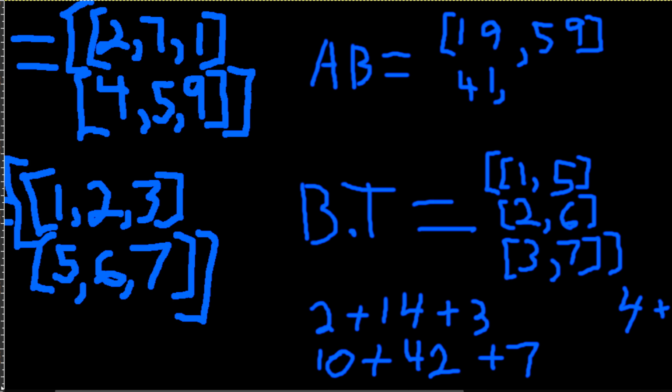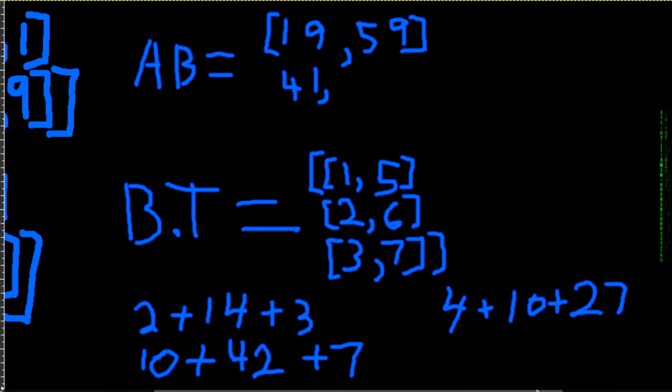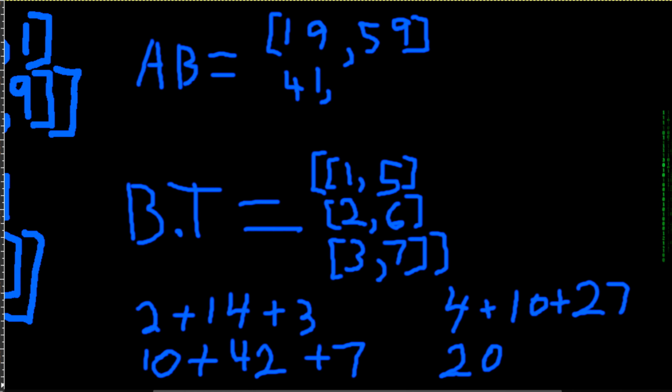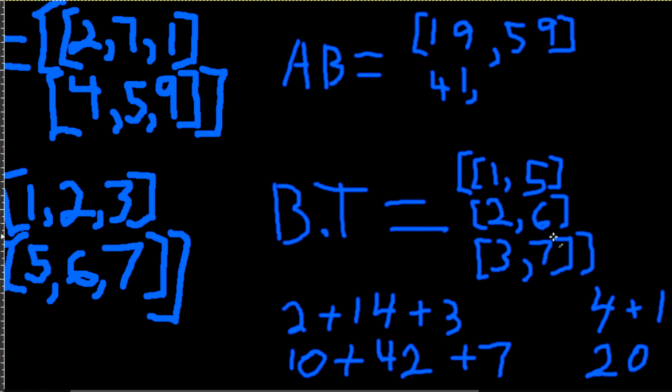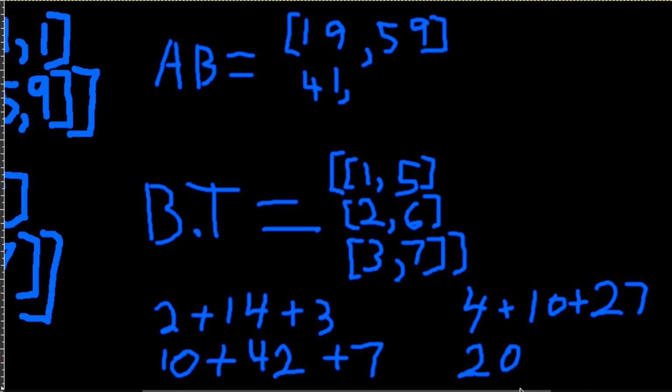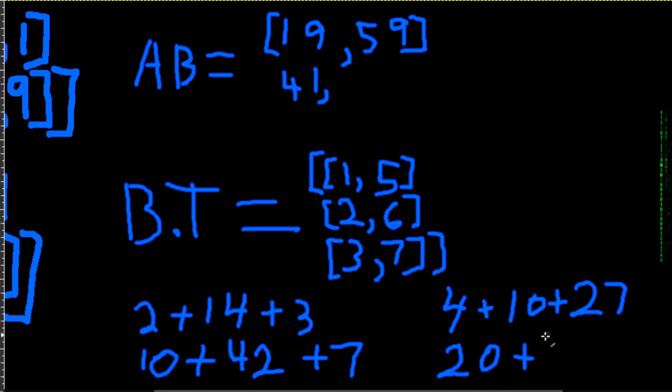And again, use this same row, the 4, 5, 9, rotate it 90 degrees and multiply it with this second column. So 4 times 5 is 20. 5 times 6 is 30, so plus 30.